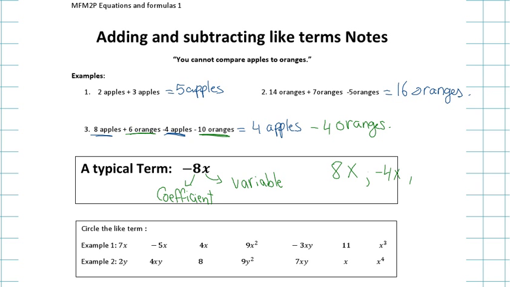Because they have the same letter. Okay? It's like apples. 2 apples and 3 apples. They're like terms. They're like kinds. So that makes 5 apples, right? It's when you have 14 oranges and 7 oranges, you can make 21 oranges. It's just multiple x's then. Okay? So it's because they're all x's.